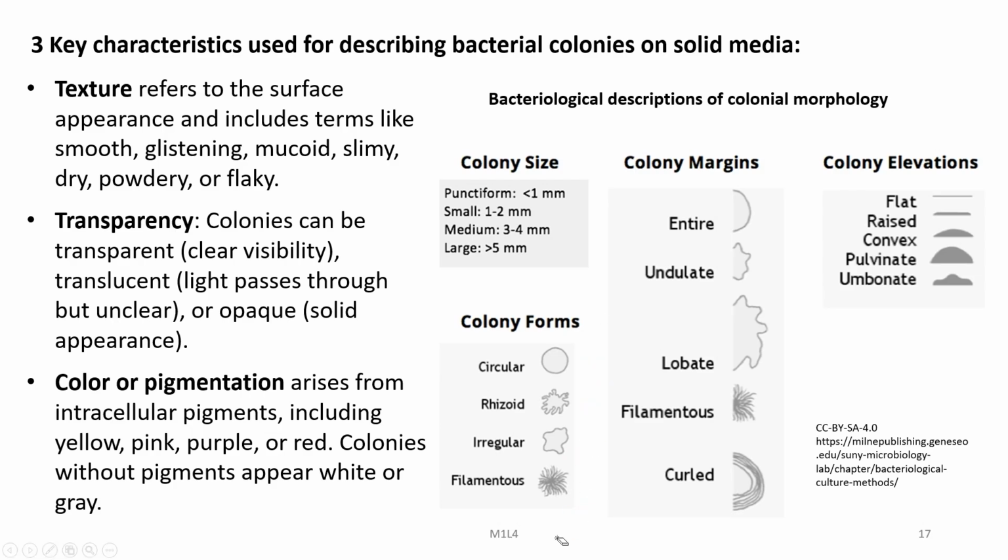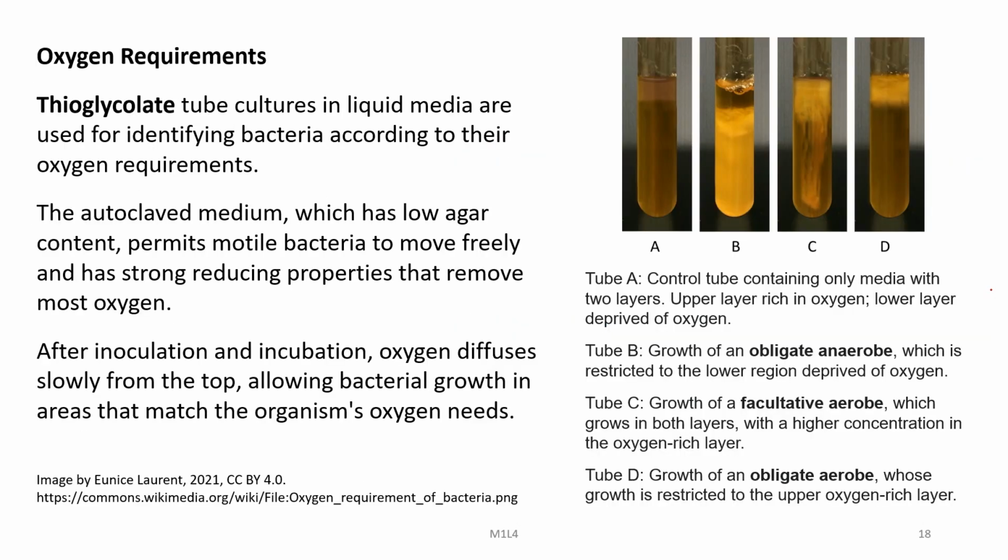Then you have colony margins which can be entire, or undulated, or lobate, filamentous and curled. Then the elevations, that is height from the media base, it could be flat, or raised, convex, pulvinate, or ambonate.